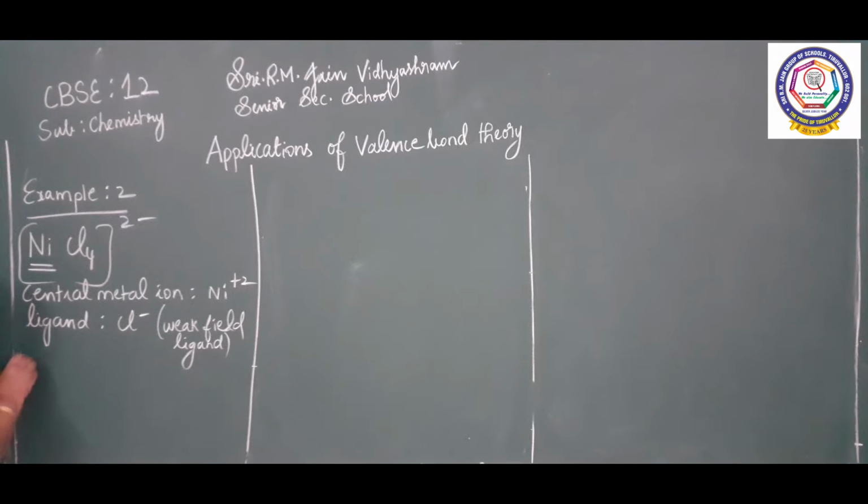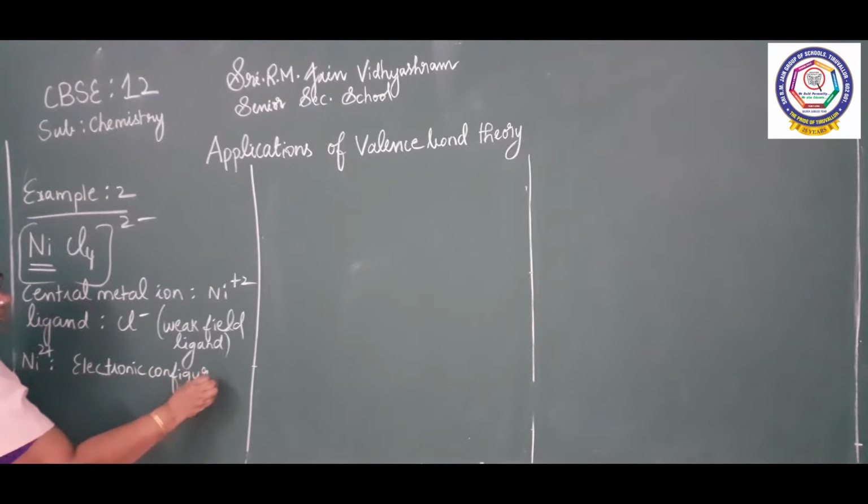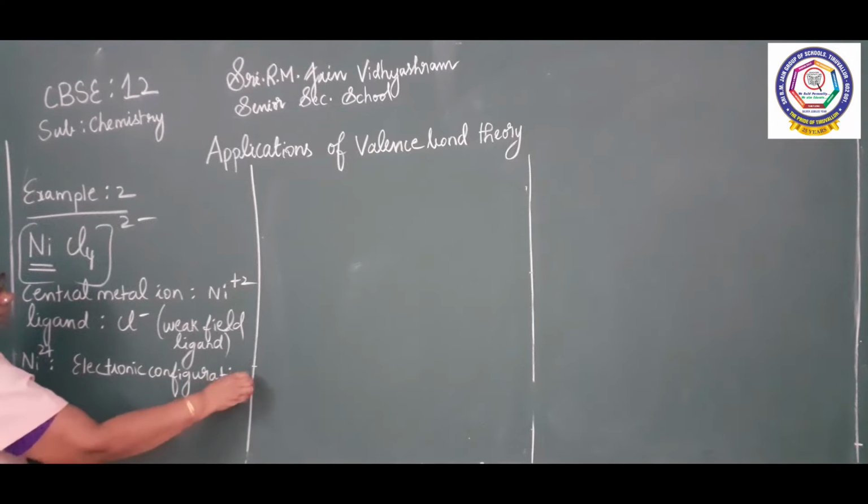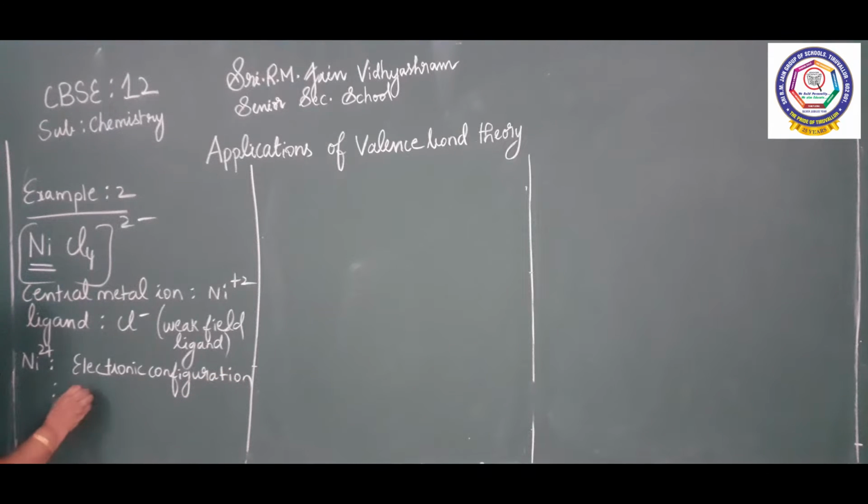Write down now. Ni2 plus, electronic configuration. What is that? 3d8. So for Ni2 plus, the outer configuration is 3d8. If you draw the arrangement of electrons: 3d, 4s and 4p.